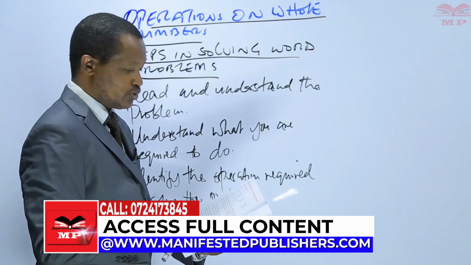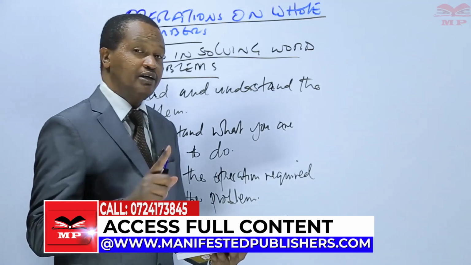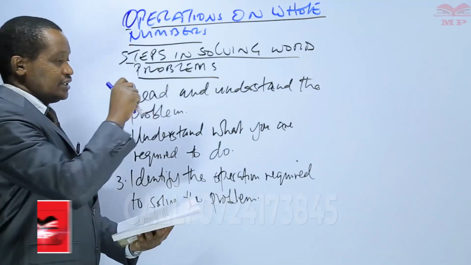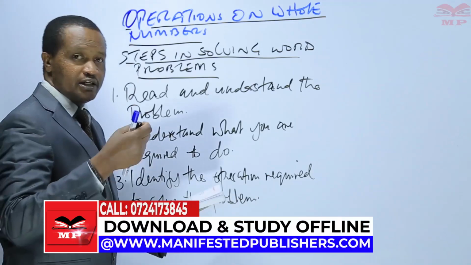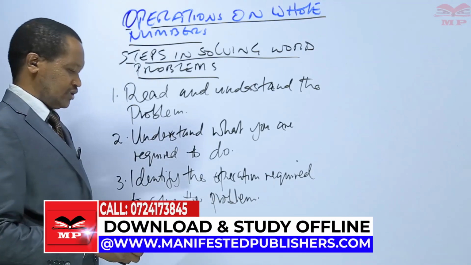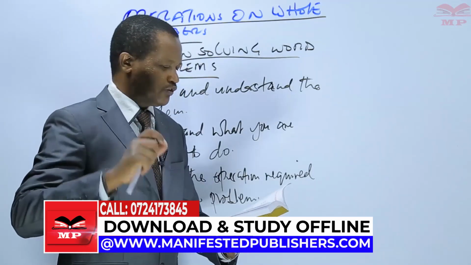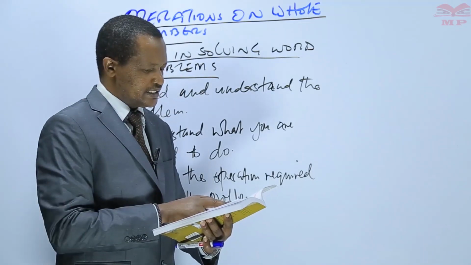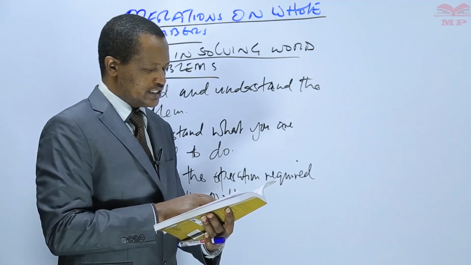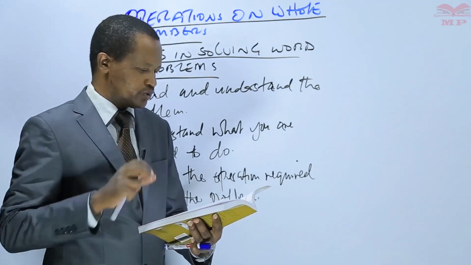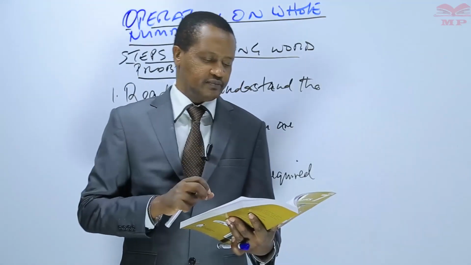Question number 2, I'm going to read it, because remember the first thing is to read. After reading, then try to understand. Okay, so let us read. It says, a certain district got 4,063,087 shillings for development projects in 1 year.